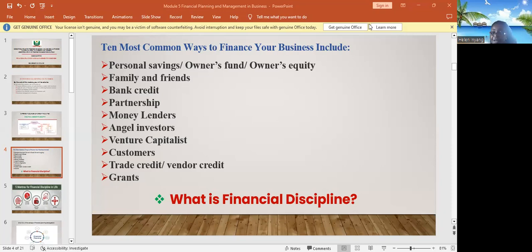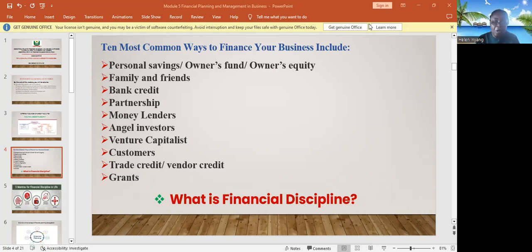You can save money. Savings can come from your profits, from other sources of your business engagement, from your income. And then you can also source money from family and friends, relatives. You get some money from them to establish a business.